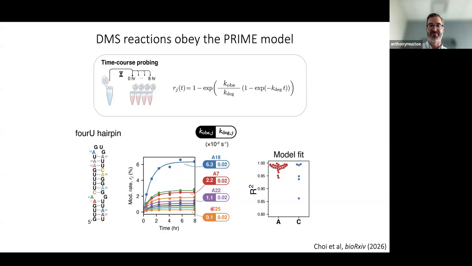There's orders of magnitude variation in this K observed rate that seems to, as one would expect, coincide with the known structural context of this RNA. So specifically at A18, this is a single-stranded nucleotide. You can see that we've got a very high rate constant, whereas the C25 right here in orange is base paired and has a very low rate.